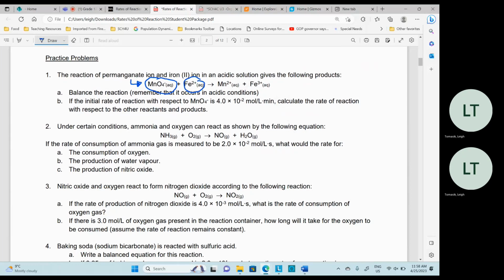Both of these are reactants. It says balance the reaction. Remember that occurs in acidic conditions. Oh, okay. We're going to have a little bit of a problem here because we haven't taken electrochemistry. So we're going to actually skip this one. You can come back and do it after we've done electrochemistry.